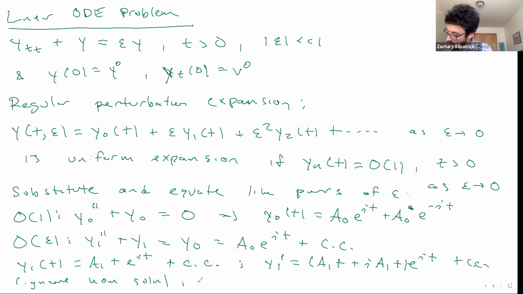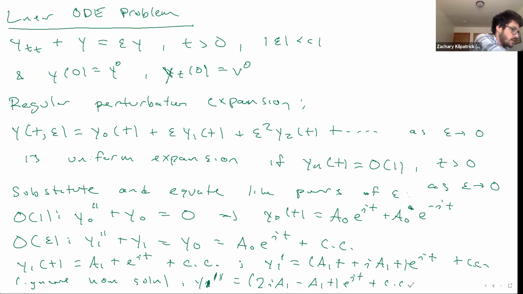And then if I look at y1, its second derivative, then I'm going to get (2i A1 - A1 t) e^(it) plus the complex conjugate. Okay, so we're just doing undetermined coefficients here. We can insert our ansatz now, and we'll specify what A1 is. That's not so much the point, what A1 is.